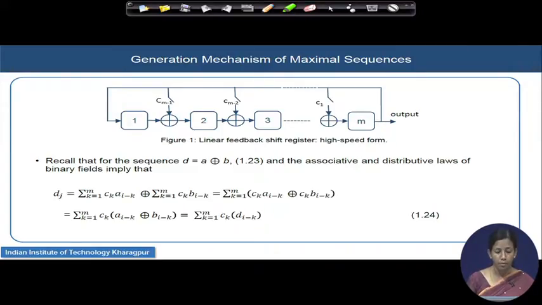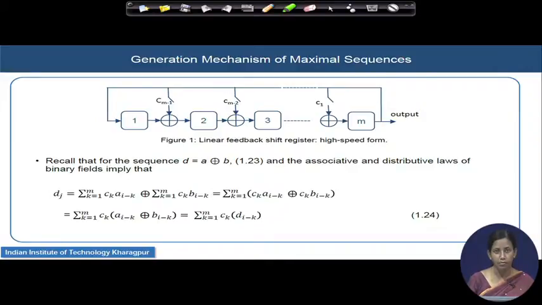Hope you will remember that we were discussing the structure to be of high speed form. Here I wish to mention one thing: we initially constructed a generalized linear feedback shift register where there was a feedback from the last stage, which is the mth stage, to the initial stage, stage number 1, and all the feedback paths, I mean the XOR gates, were on the feedback path itself.